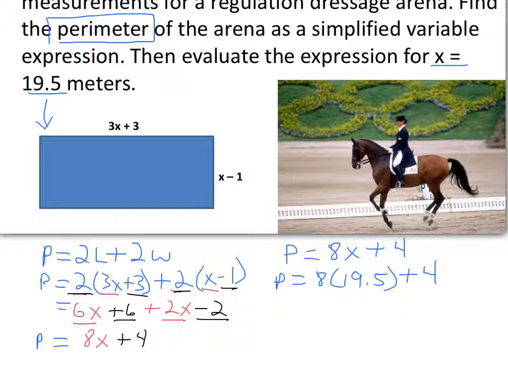Now to quickly multiply that in your head, 8 times 19.5, let's say 8 times 20 would give you 160. Half of 8 is 4, so you have to subtract that from 160, so that's going to equal 156. And then we're going to add 4 to that, and our perimeter is going to end up being 160, and our label is meters. So the perimeter of the arena is 160 meters.